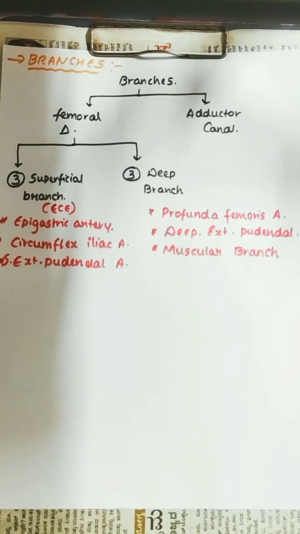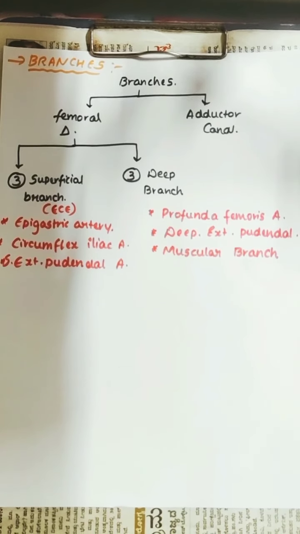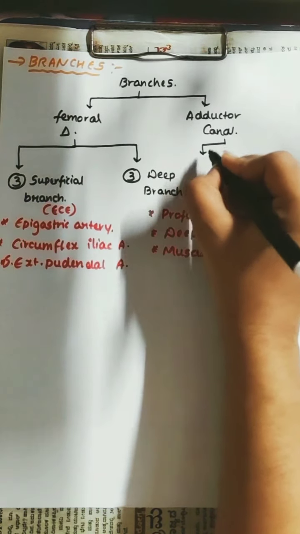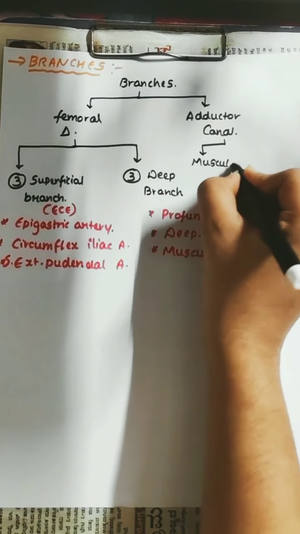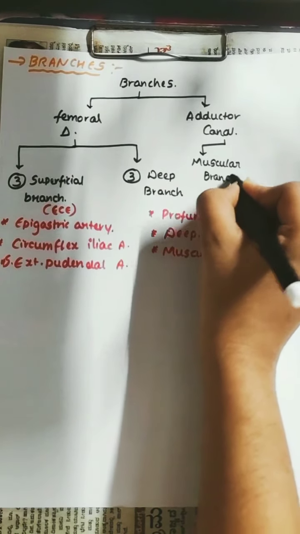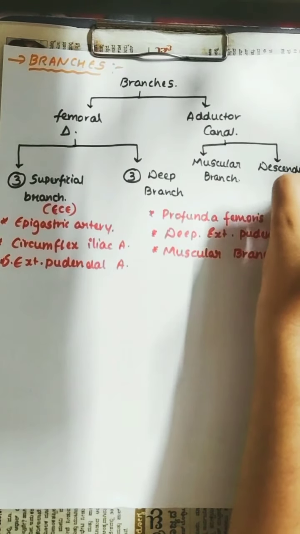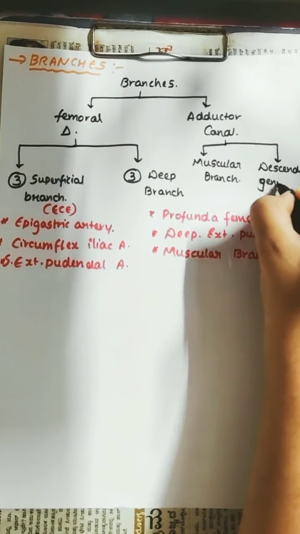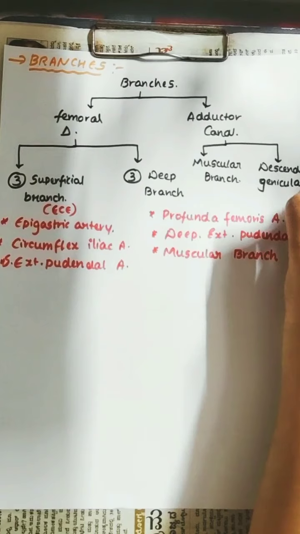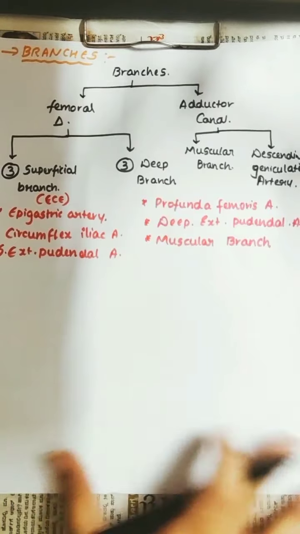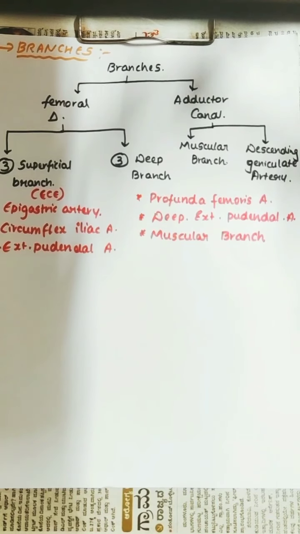Okay, now we'll see those branches which are found in the adductor canal. In the adductor canal, it gives off some muscular branches and the descending geniculate artery.